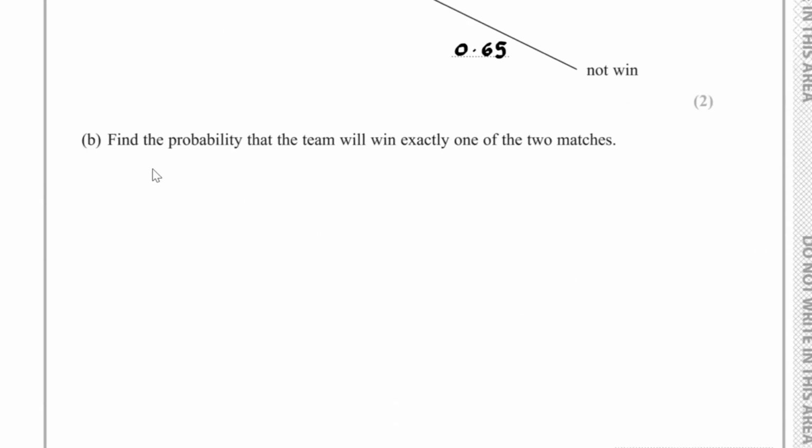And then for part B, we have to find the probability that the team will win exactly one of the two matches.